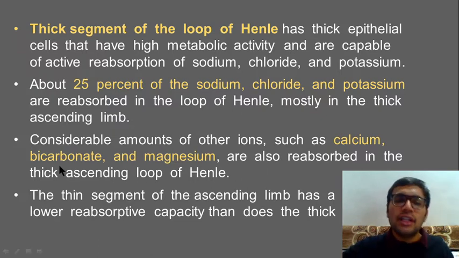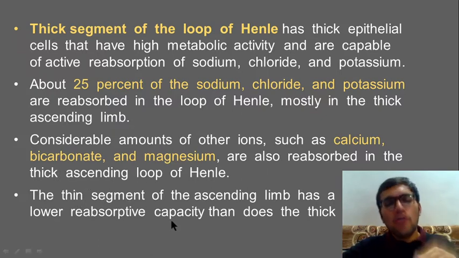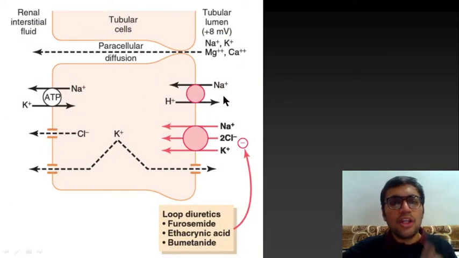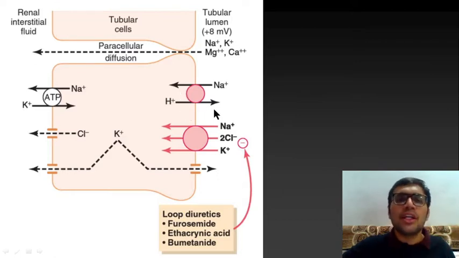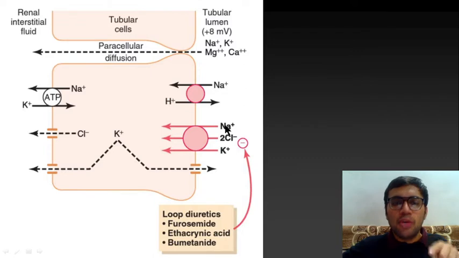The thin segment has a lower reabsorptive capacity. This is what I have shown you in this picture. You can see that this sodium hydrogen antiport will function everywhere. I have told you about the bicarbonate buffer; this is the same, a minor mechanism. What is important first of all is sodium, chloride and potassium via this transporter.